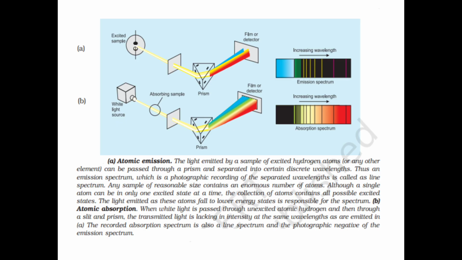So the emission spectrum is obtained from the excited sample, and the absorption spectrum is from the white light source passing through an absorbing sample.